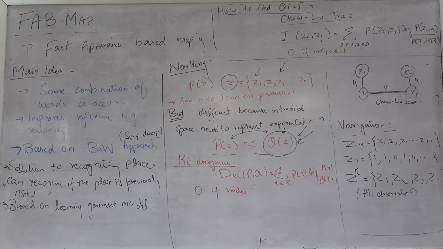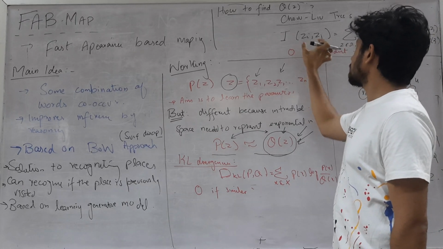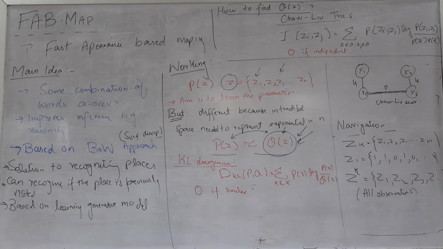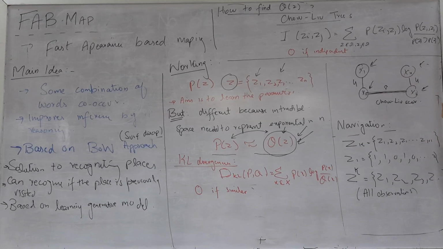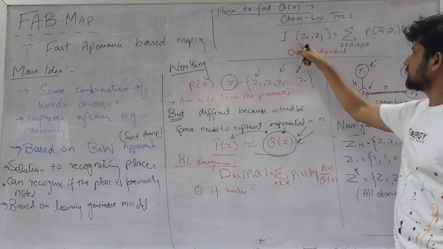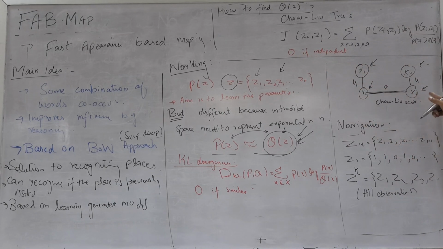So what you will do is find scores on the basis of this Chow Liu algorithm. For example, you had 4 features, 1, 2, 3, 4, or 4 words. You calculated the score between 1 and 2 and it was found, let's say, 4. Then you calculated between 2 and 3, and it was found 8. Then between 3 and 4, it was found 4.